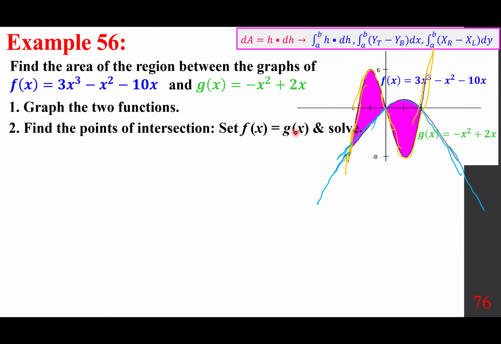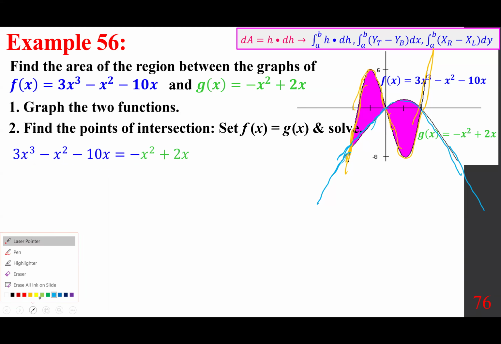So we graph them, we're going to set them equal. You don't have to move this, they are identical. So we can cross them out.